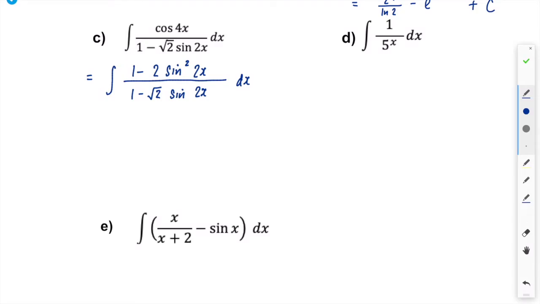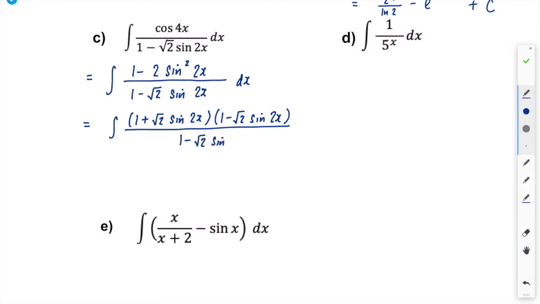But what if I factor the numerator? You're like, what? I can't square root 2. Well, yeah, you can. Just write it as square root of 2. So the numerator, if I treat it as a difference of squares, I will have 1 plus root 2 sine 2x times 1 minus square root of 2 sine of 2x all over 1 minus square root of 2 sine 2x.